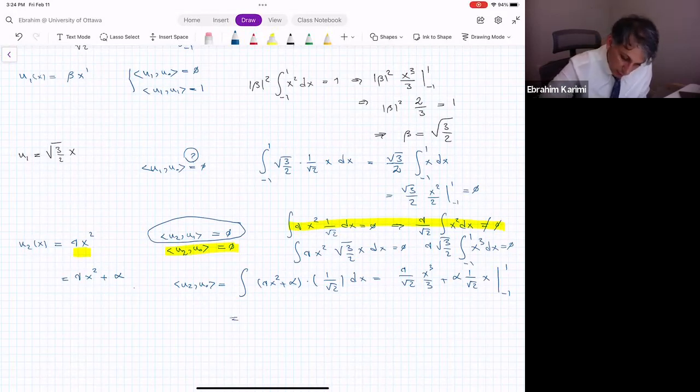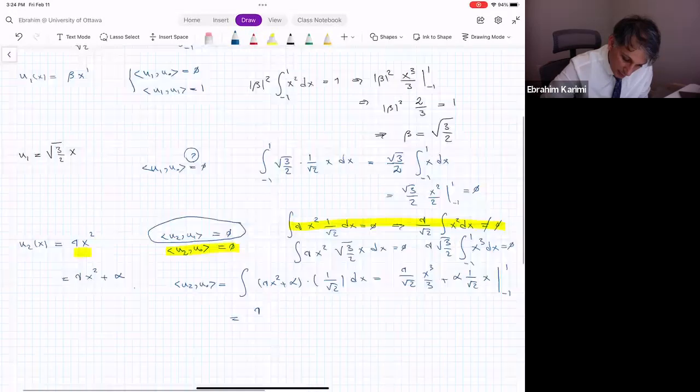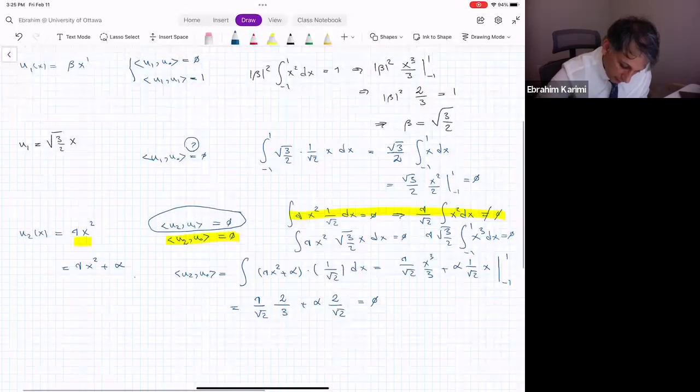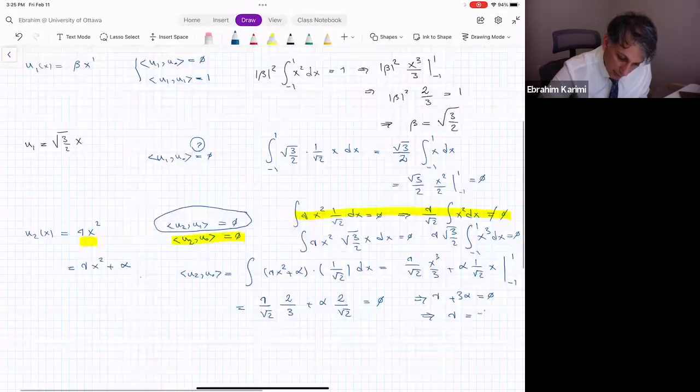Then from this relation, you will get gamma divided by square root of 2 divided by 3 plus alpha 2 divided by square root of 2 should be equal to 0. And 2 divided by square root of 2 goes away, and then you will get gamma plus 3 alpha equal to 0. And from here you will get gamma should be equal to -3 alpha.